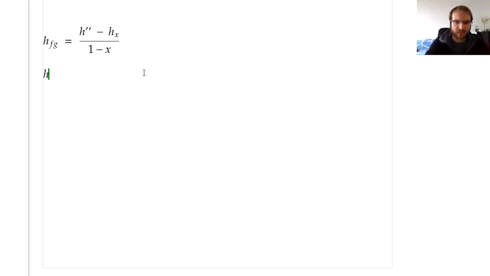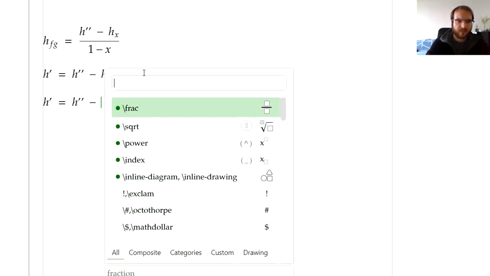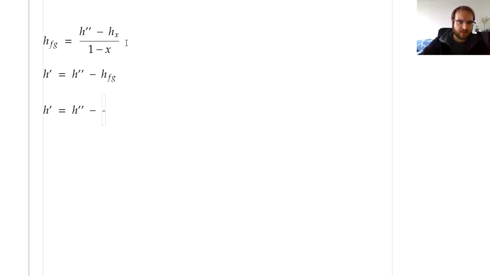To get the enthalpy at saturated liquid, it's nothing but the enthalpy at saturated vapor minus the heat of evaporation. So it looks like this.